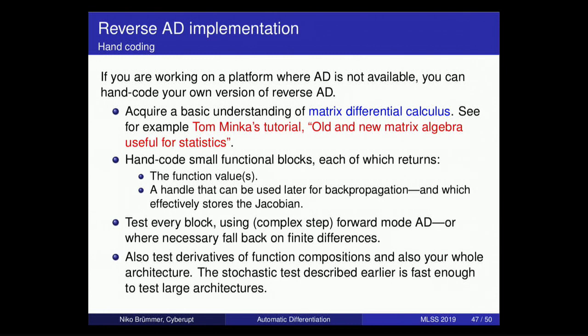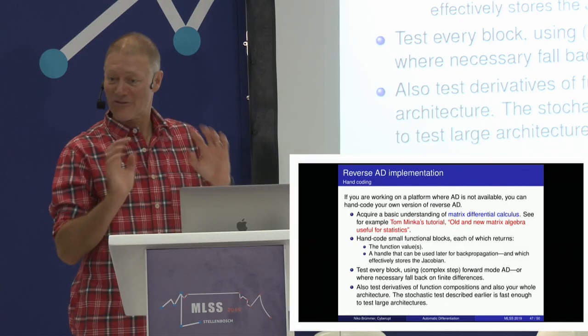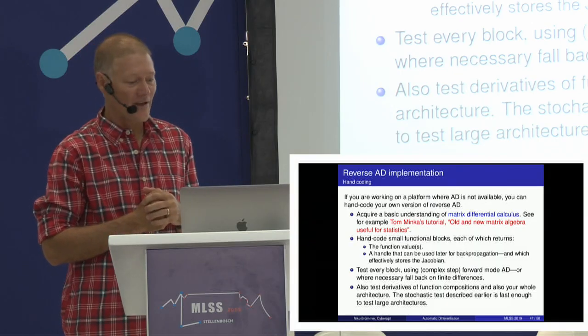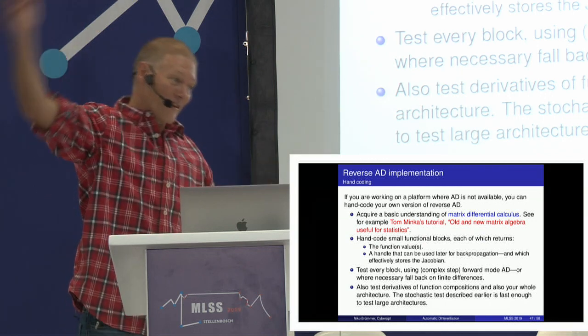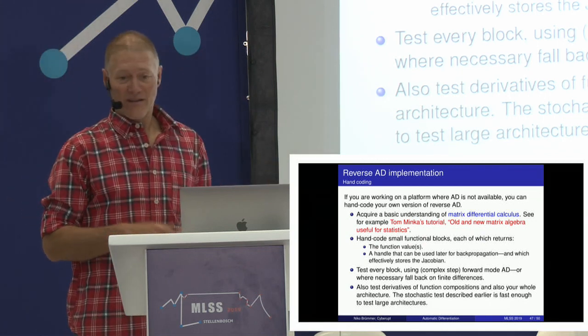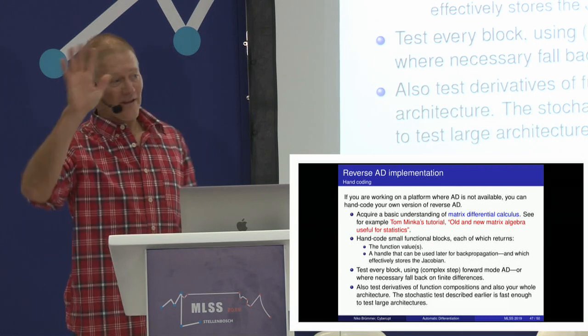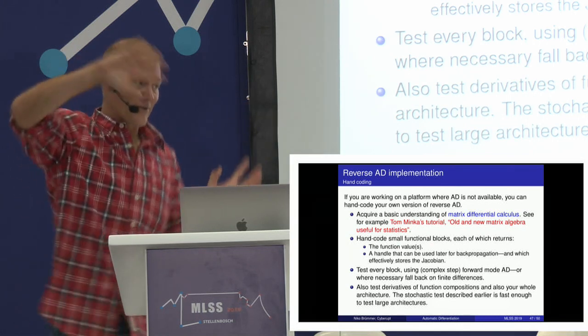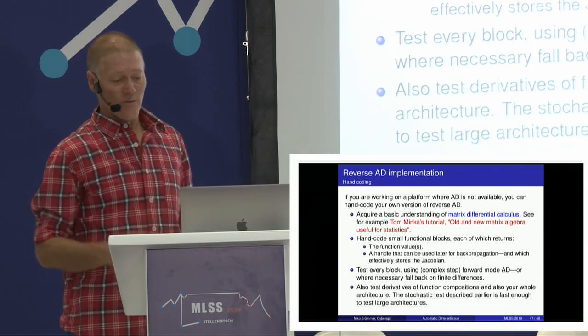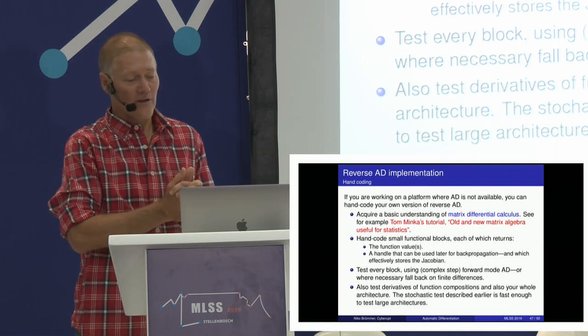And once you've got the individual blocks working, then you can start hooking blocks together, function composition, and you test those compositions just to make sure nothing goes wrong. And once you've assembled the whole thing, you can still test it, because that's the stochastic test where you multiply the Jacobian from both sides with reverse mode and forward mode. That works. That's fast enough even for large architectures.